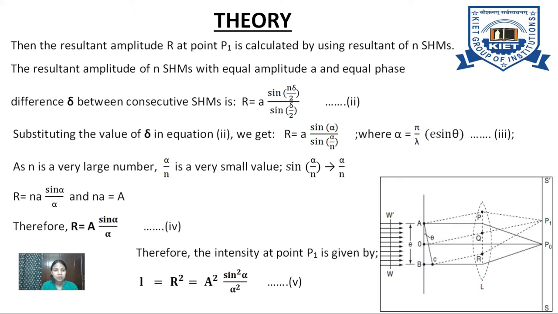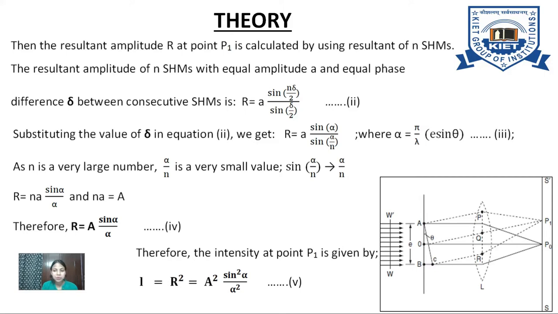Now we all know that resultant of n simple harmonic motions with amplitude a and equal phase difference between consecutive simple harmonic motions is given by R equals a sine n delta by 2 upon sine delta by 2. And if here we substitute the delta for our condition, that is diffraction at single slit, we get R is equal to a sine alpha upon sine alpha by n.